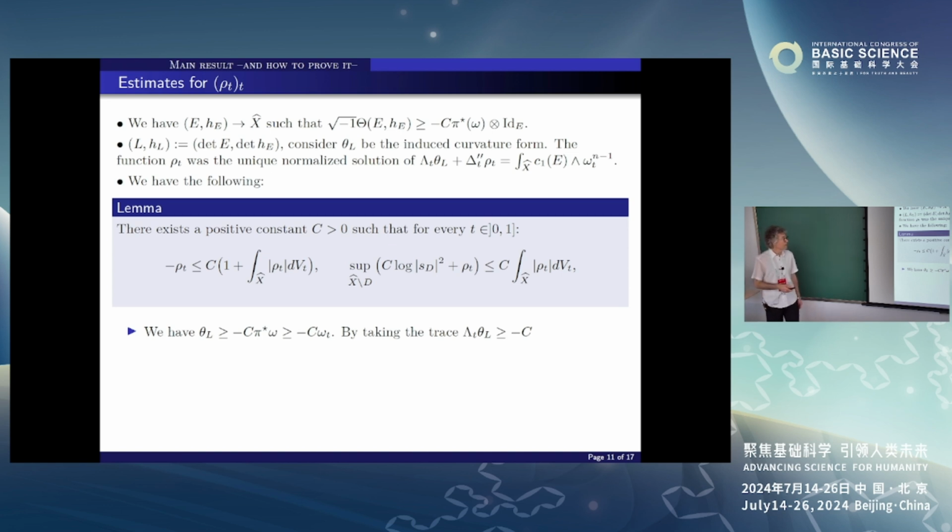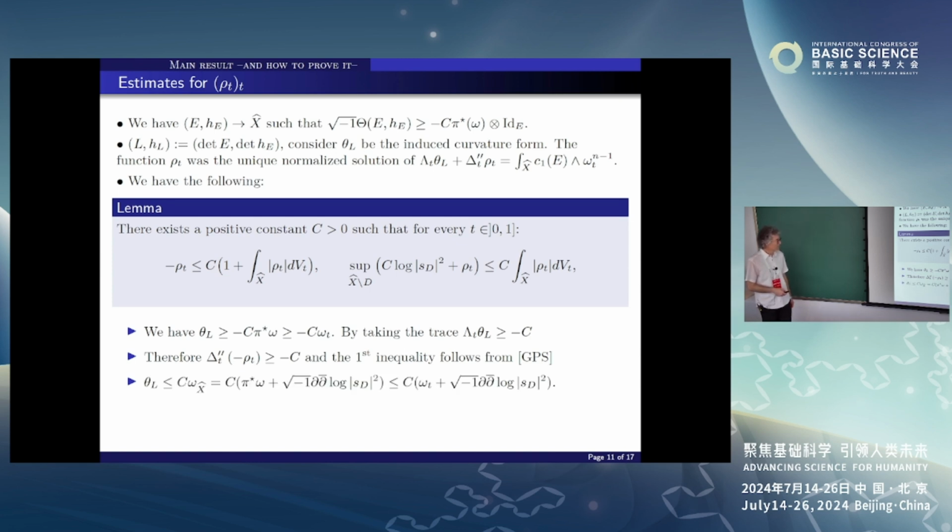And then by taking the trace with respect to omega t, what we get is that the trace is greater than some constant. And then happy we are, because from this equation here, we infer that the Laplace of minus rho is greater than some universal constant. So that's exactly how we apply this result, the GPS.